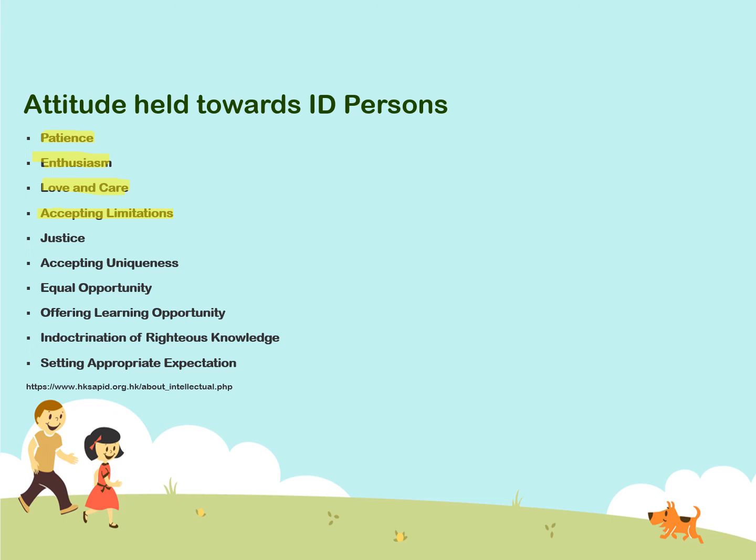They may have problems in vision, hearing, or emotion, etc. We should accept their limitations. We should not make any negative impact on their confidence in learning, in emotion, and even in social life.